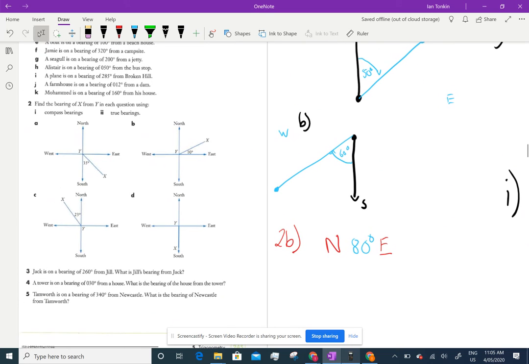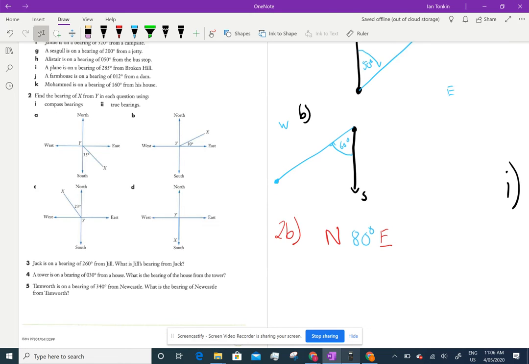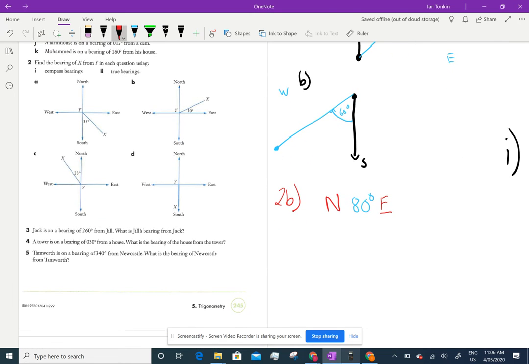Let's have a look at these ones. Remember, we had to give the true bearing. All right. So I'm going to do 2A and 2B. So I'll do 2A here. Now the compass bearing here for 2A is quite easy because it's south. It's south 35 degrees east.